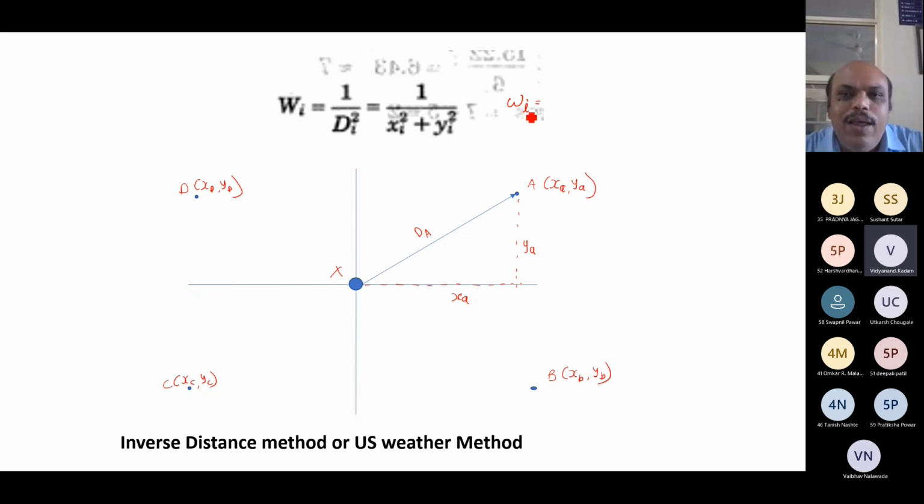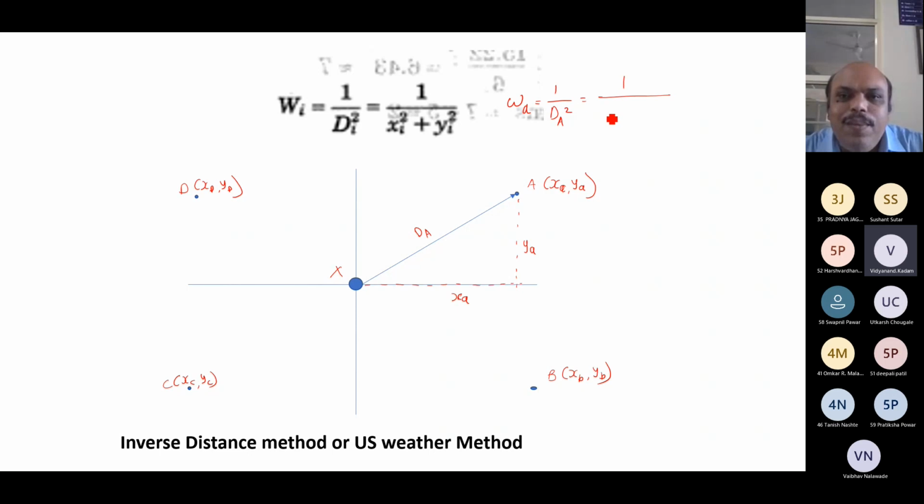So instead of Wi, we can say WA. WA is equal to 1 upon DA square.